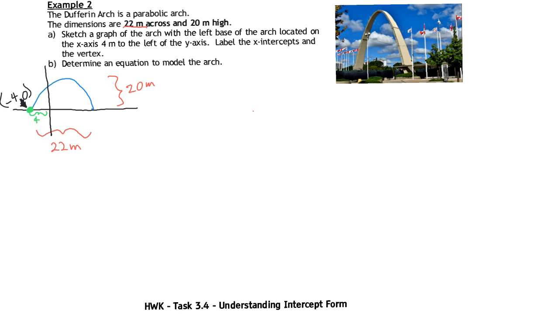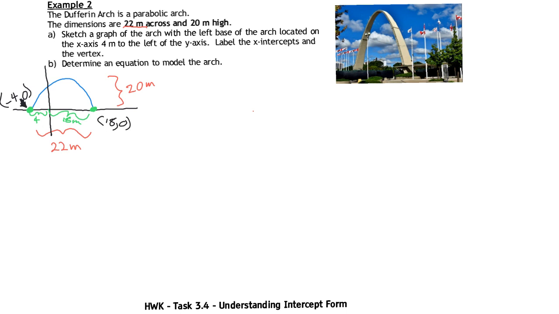If I know that this is -4, 0, that means 4 is taken off of here. So there's 18 meters to the right of the y-axis. That means this point here, which I'm labeling in green, is 18, 0.